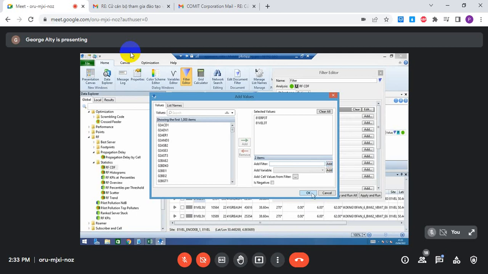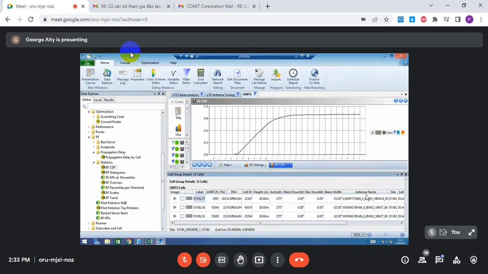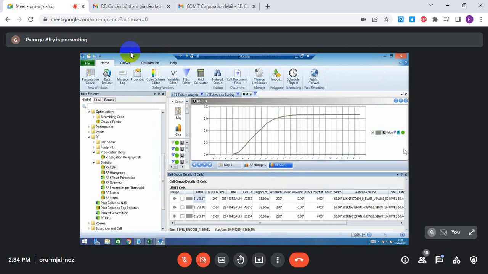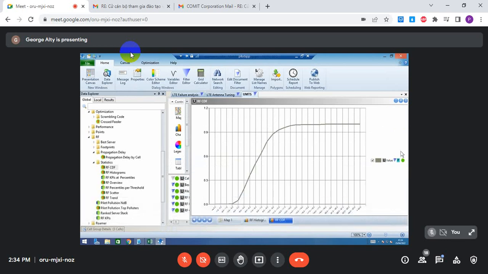Okay. So this is now going to compare two cells on the same graph. Just force that calculation of the analysis.